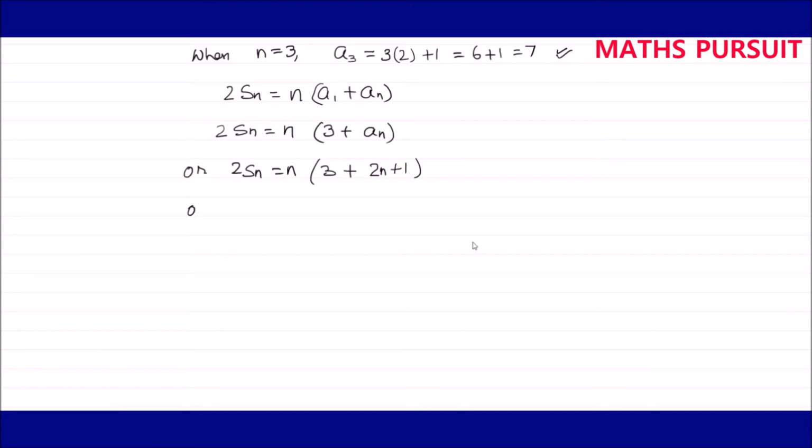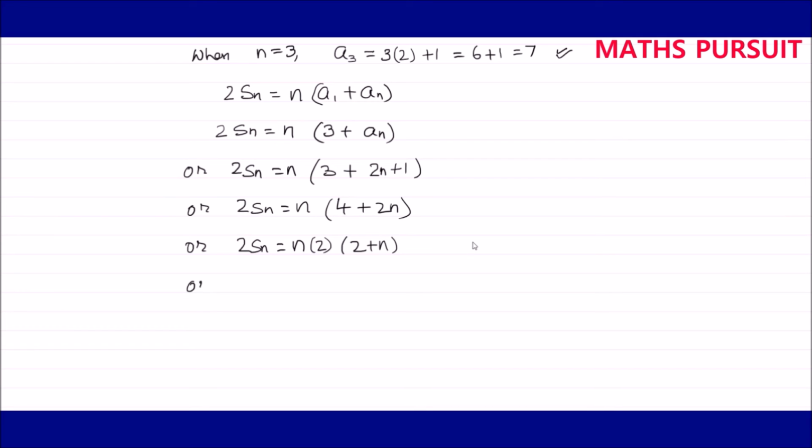Or I can write 2Sn is equal to n into 3 plus 1, 4 plus 2n. Or I can write 2Sn is equal to n into, here I can take the 2 common out and write 2 plus n. I hope we are pretty clear till here. Like 2 into 2 is 4 and 2 into n is 2n.